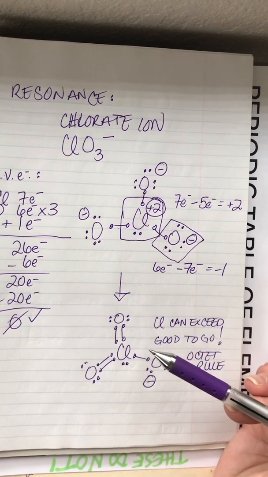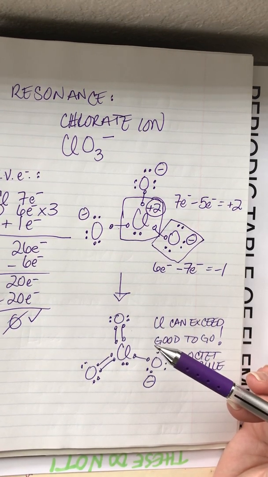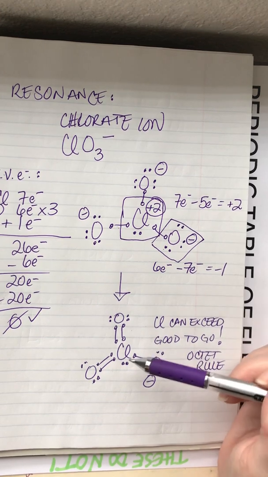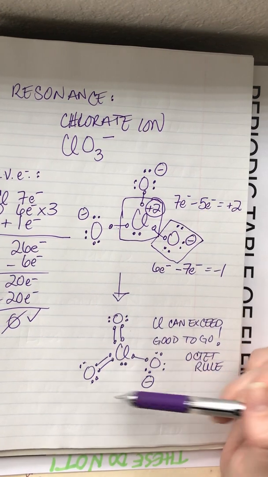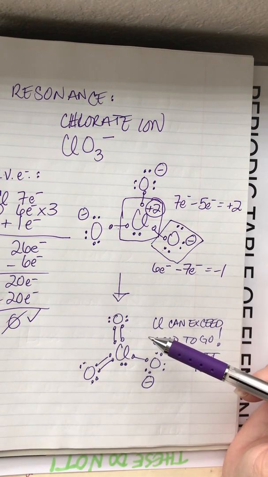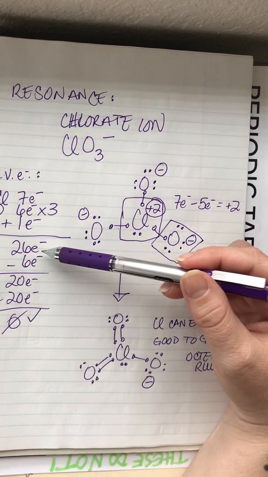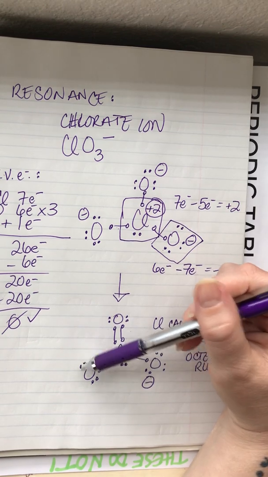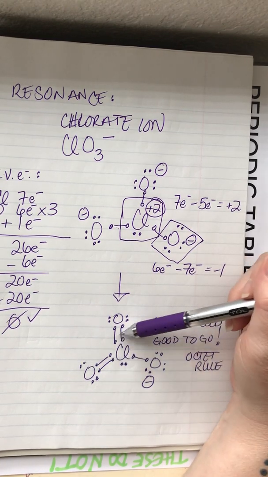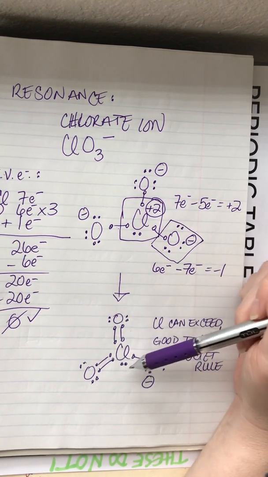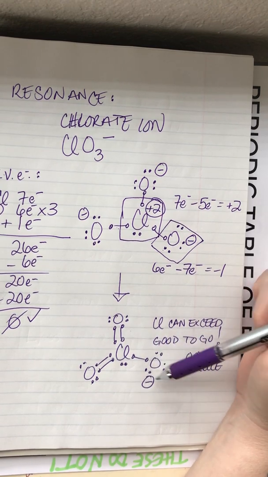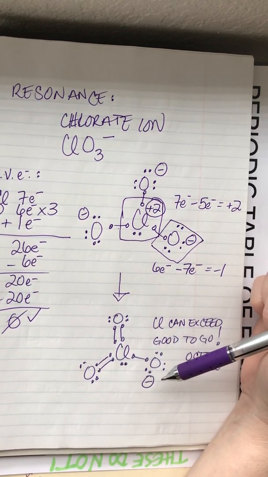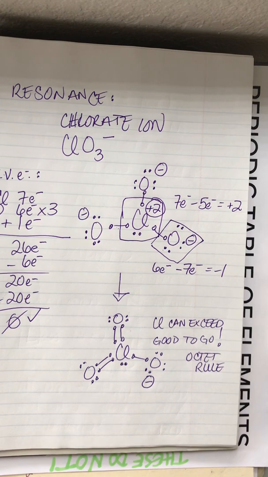So usually there's going to be red flags when you do the formal charge, but it's never a bad idea to just double check your structure before you commit and say, does it still have 26 electrons? So here we have 2, 4, 6, 8, 10, 12, 14, 16, 18, 20, 22, 24, 26 total electrons.